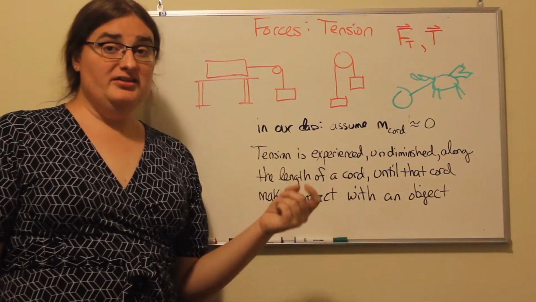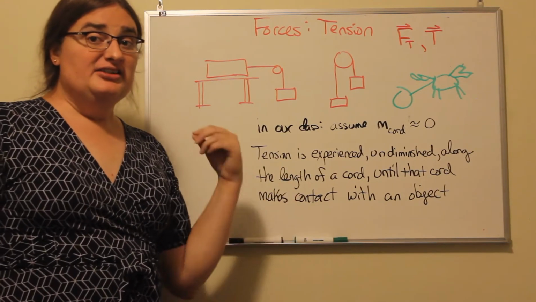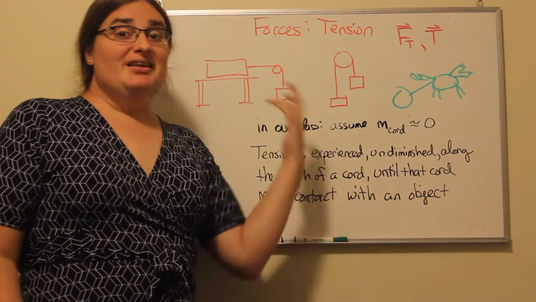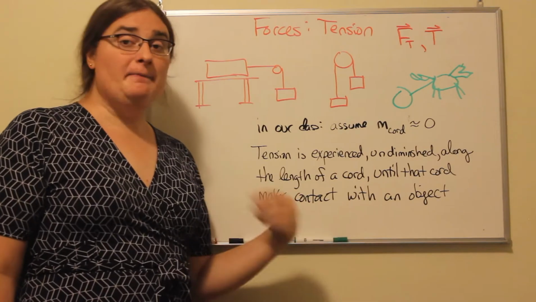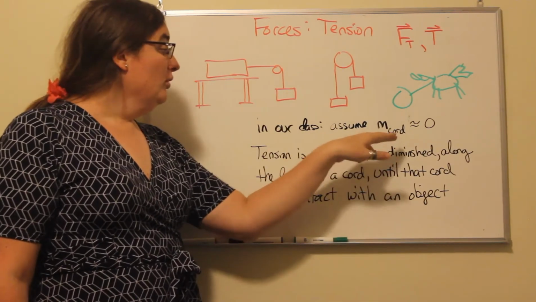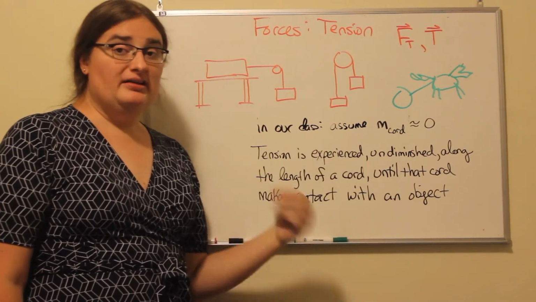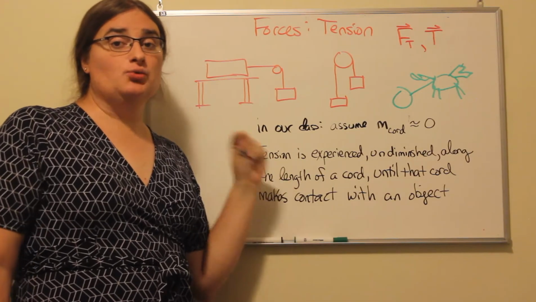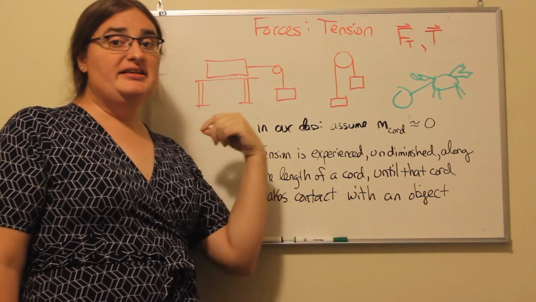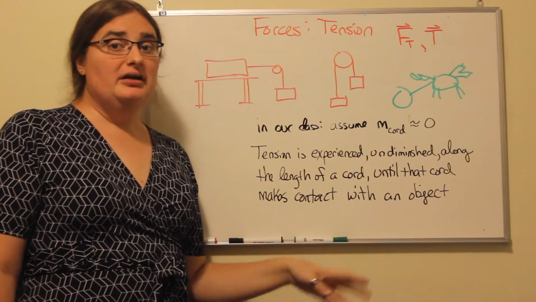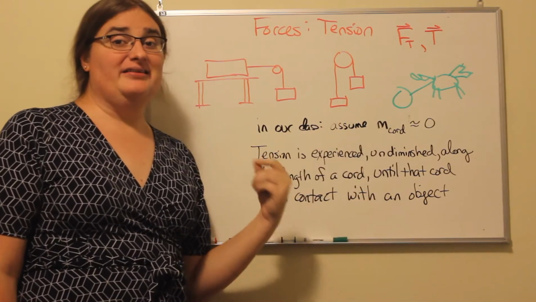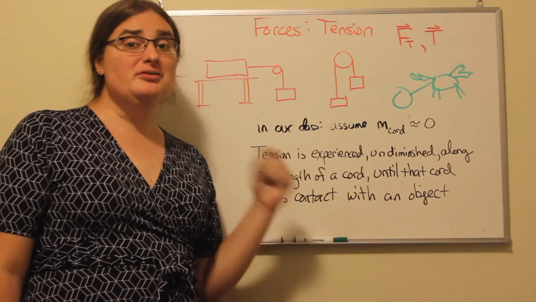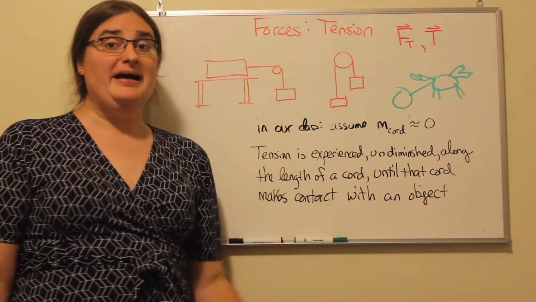On the other hand, if you're dealing with a steel boat chain, then that could be a very, very bad assumption. We're also going to assume that the length of the cords while under tension doesn't change. And that assumption, again, is something that can be very good, but it can also be incredibly bad.